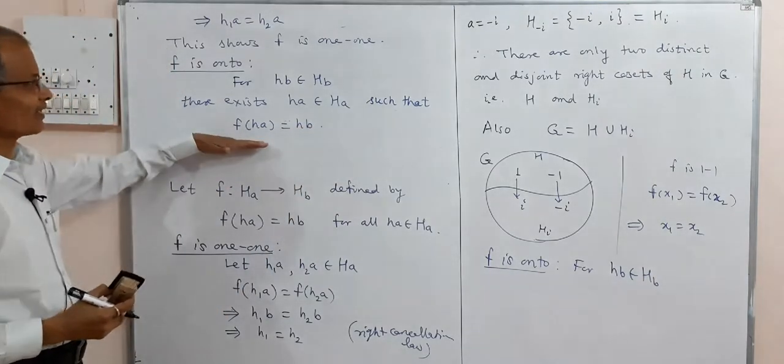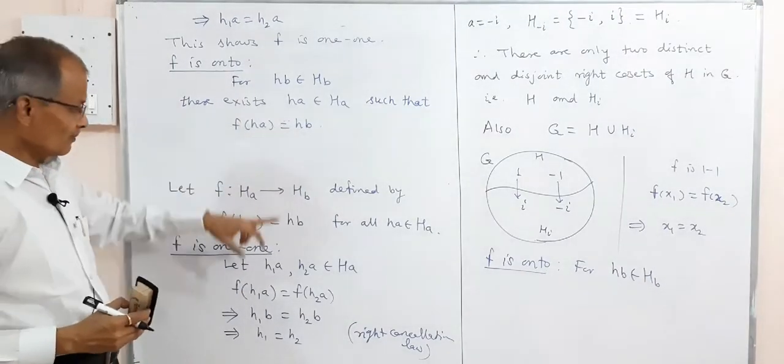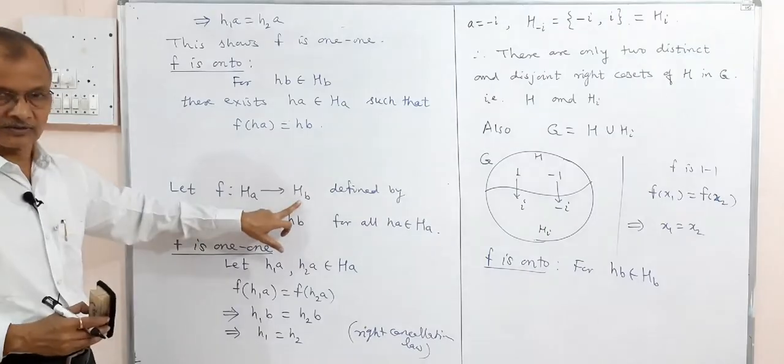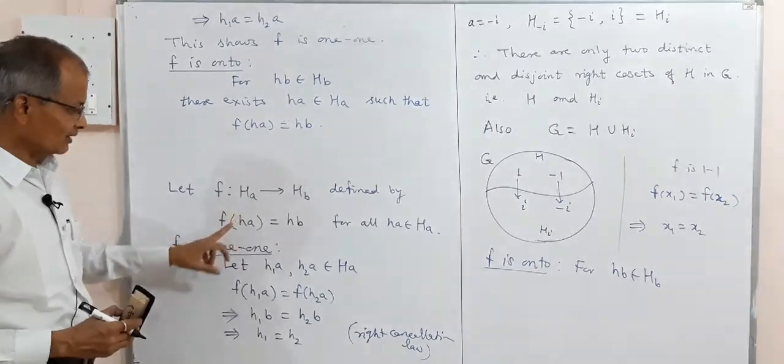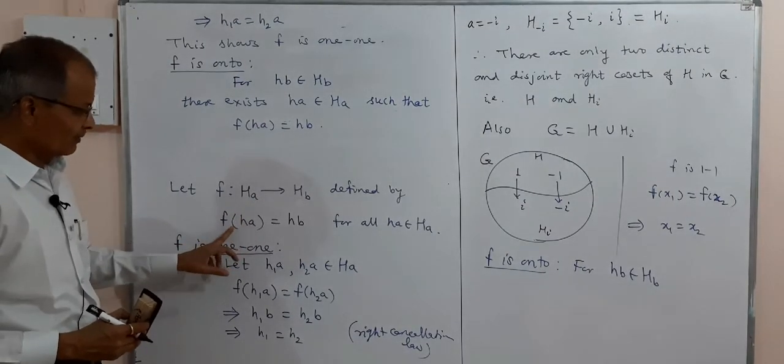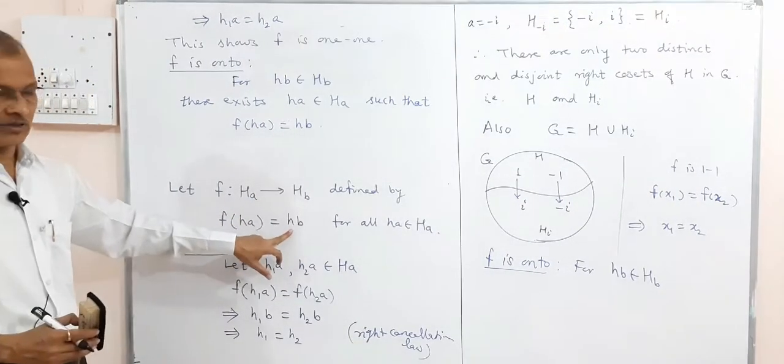And this is the condition for onto. For every element in the codomain, there exists an element in the domain such that the image of that element is equal to hb.